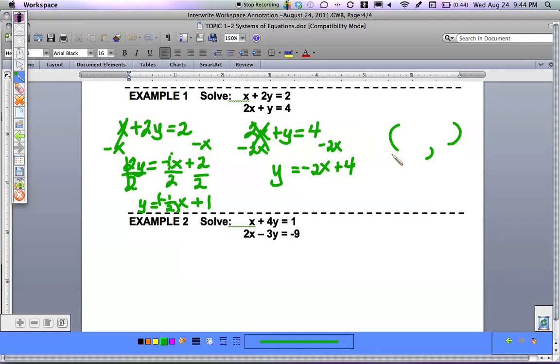Those coordinates need to be written as an ordered pair. Your ordered pair in this case is (2, 0). This is your point where both of these lines touch. That would be the solution to your system.